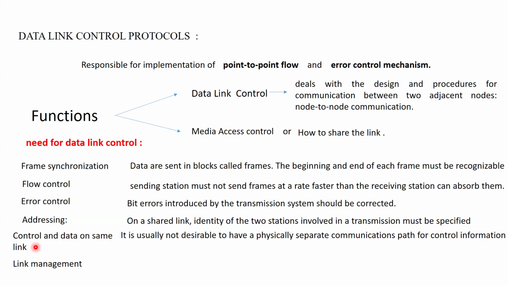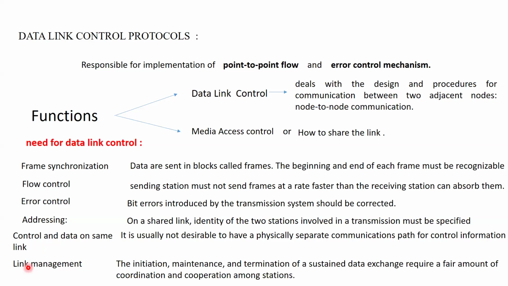Coming to link management, it involves coordination and cooperation among the stations. The initiation, maintenance, and termination of sustained data exchanges require a degree of coordination and cooperation between the stations.